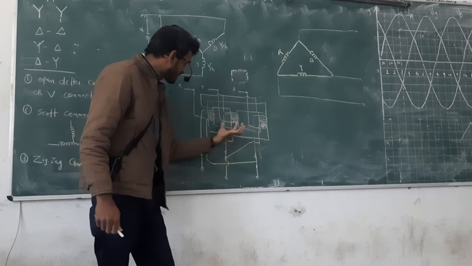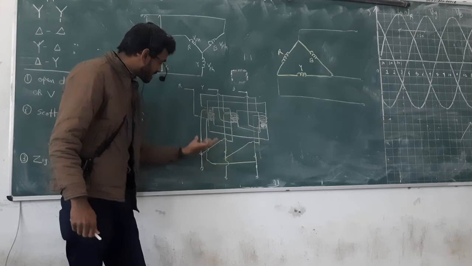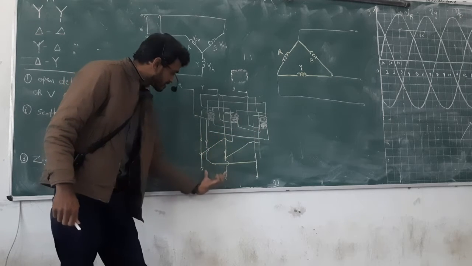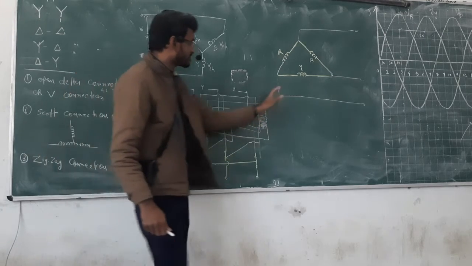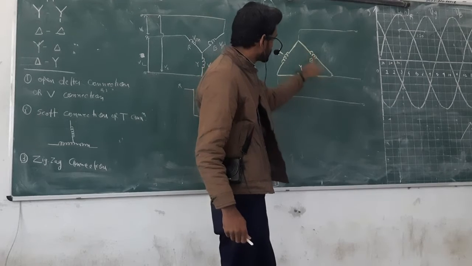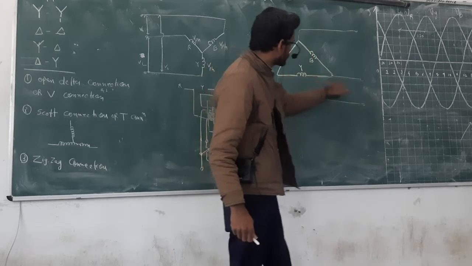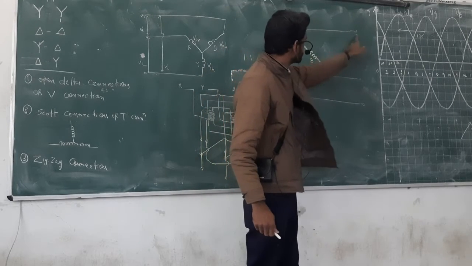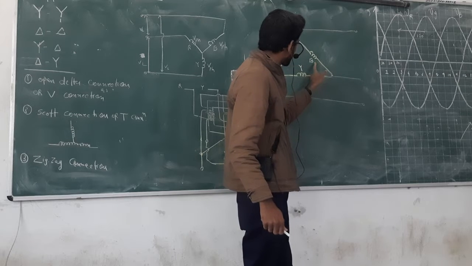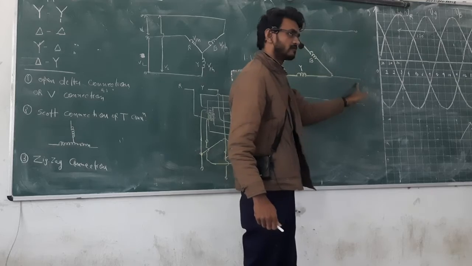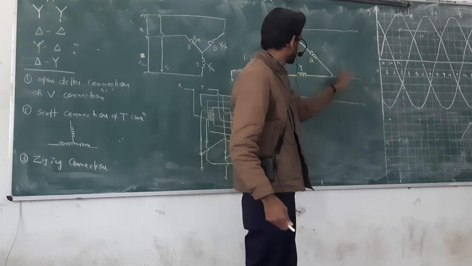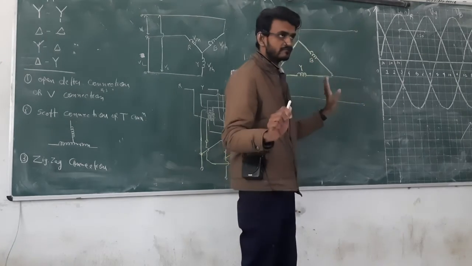The same will be induced here, and the same voltage will appear at the output terminal because it is connected in delta fashion. So this winding induces the voltage, it will go like that and go like that. So whatever the voltage induced inside this winding, that will appear on the line voltage also, because in delta fashion, phase and line are the same.